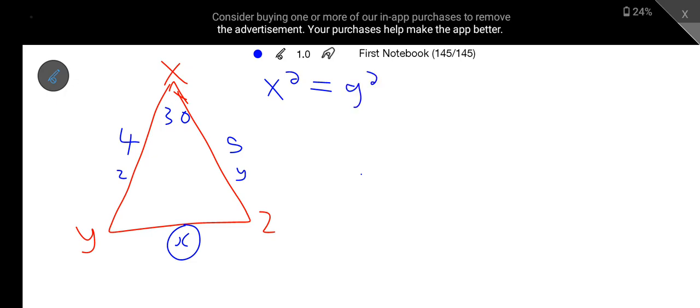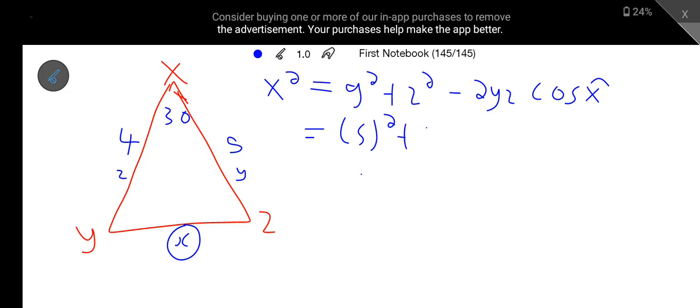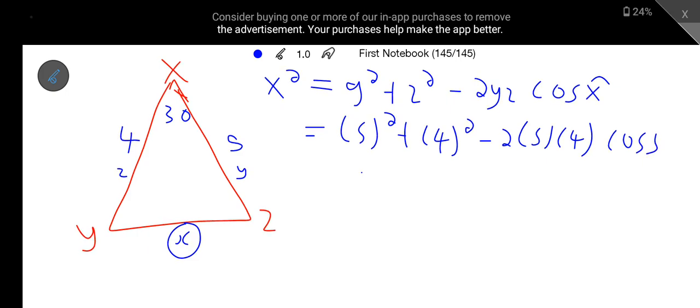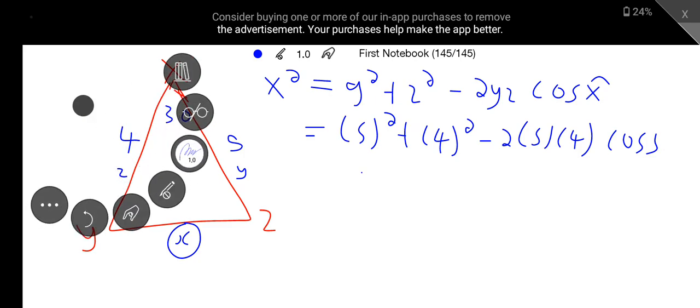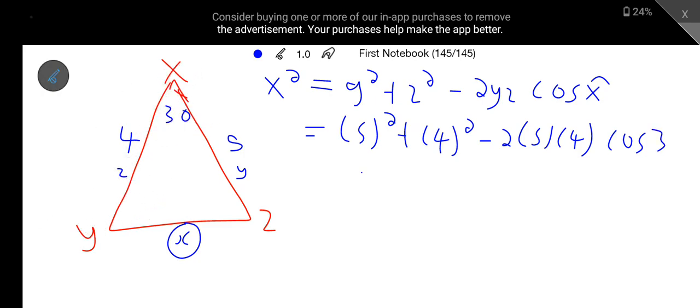So it will be y squared plus z squared minus 2yz times the cosine of the given angle X. So what is y? y is 5, so this will be 5 squared, plus z, which is 4, so 4 squared, minus 2 times y, which is 5, times z, which is 4, and multiply by the cosine of angle 30.